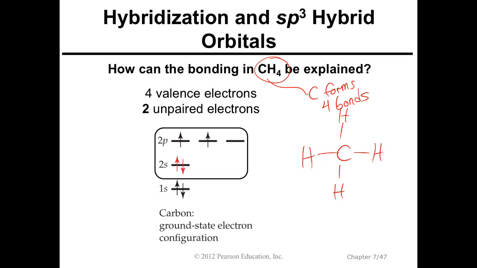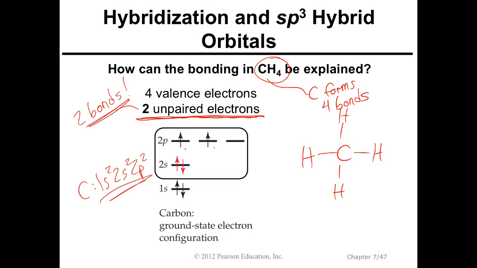But if you look at carbon's electronic configuration, carbon is 1s2, 2s2, 2p2. This shows only 2 unpaired electrons, which suggests that you would only form 2 bonds.